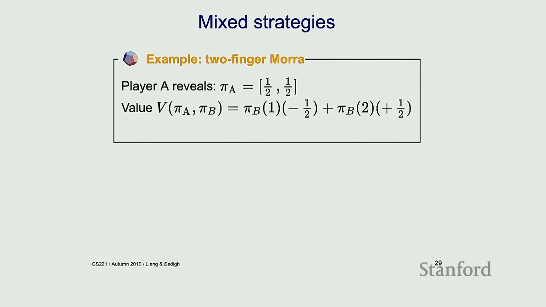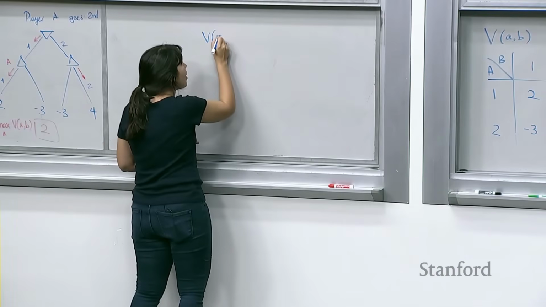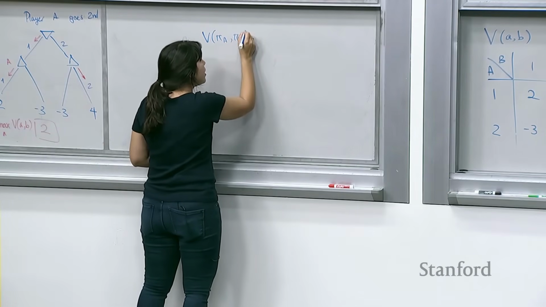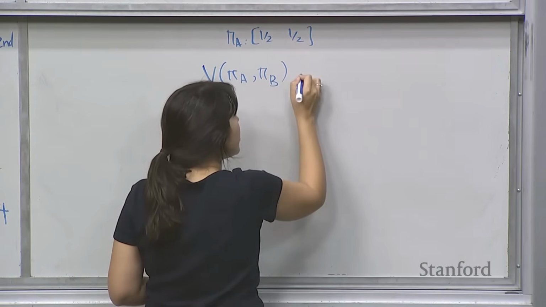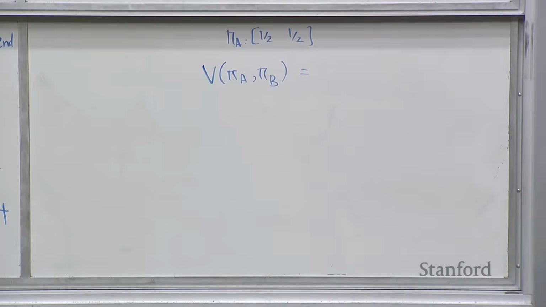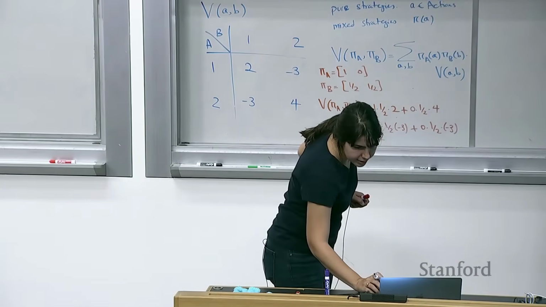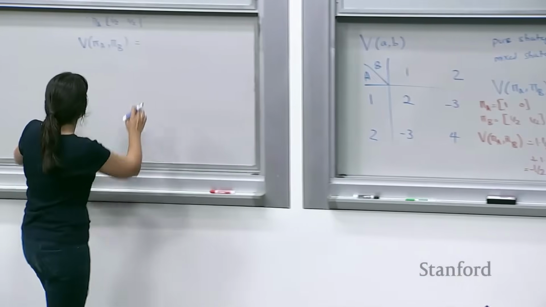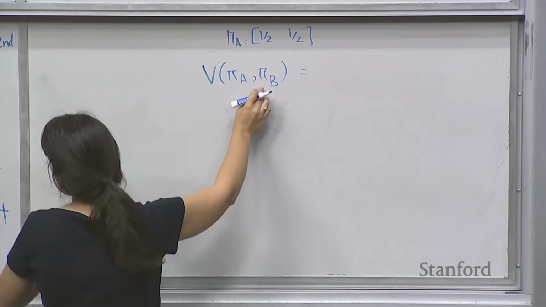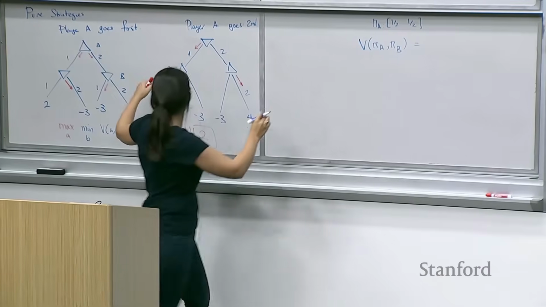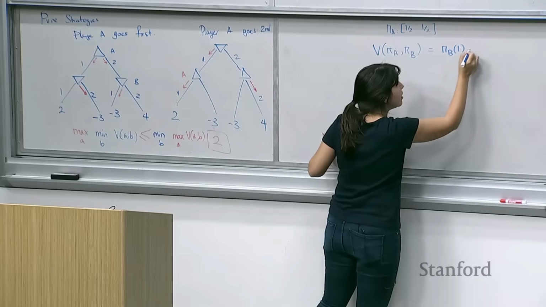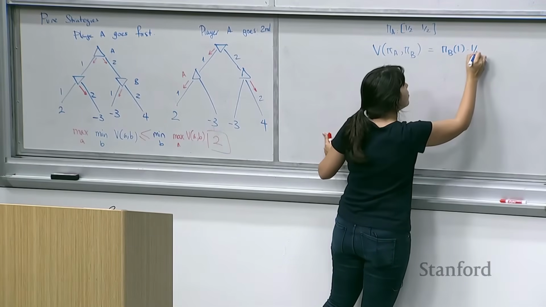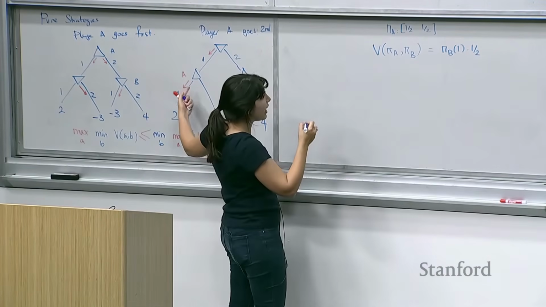So the value of the game would be, maybe I'll write it here. So the value of pi A and pi B, pi A is already this mixed strategy of 1/2, 1/2, right? Is going to be equal to, all right, so what is that going to be equal to? It's going to be pi B choosing 1 times 1/2, with probability 1/2, agent A is also picking 1.